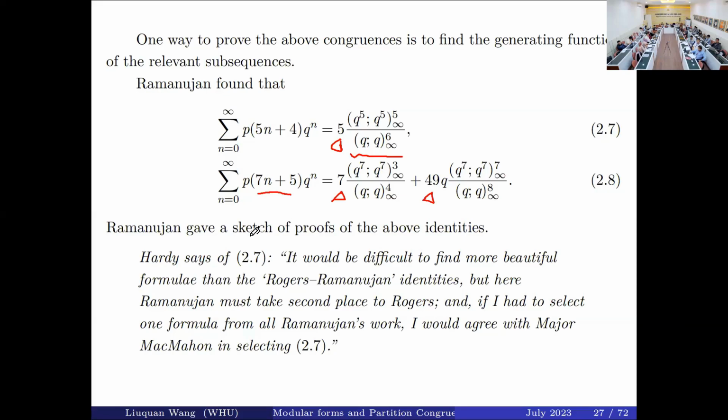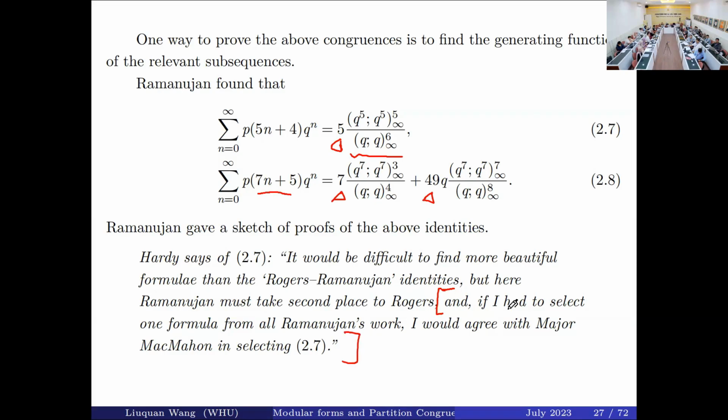And G.H. Hardy, a very famous number theorist and mathematician, makes the following comments. It would be difficult to find more beautiful formulas than the Rogers-Ramanujan identities. So these two identities I will not mention here. But here, Ramanujan must take second place to Rogers. And so what we want to focus on is the second part.